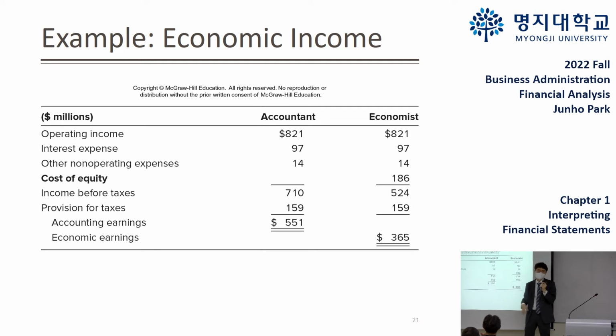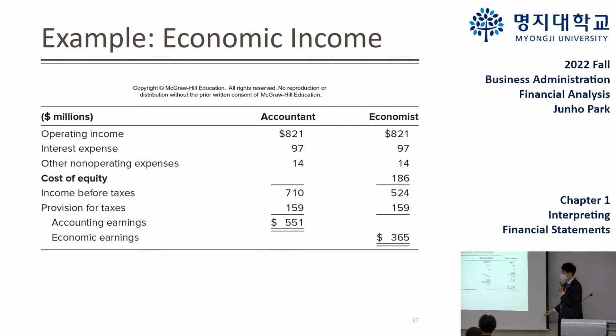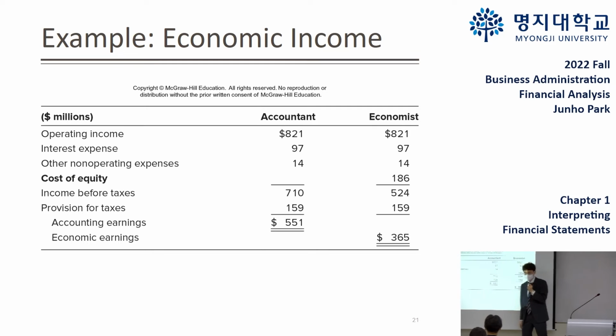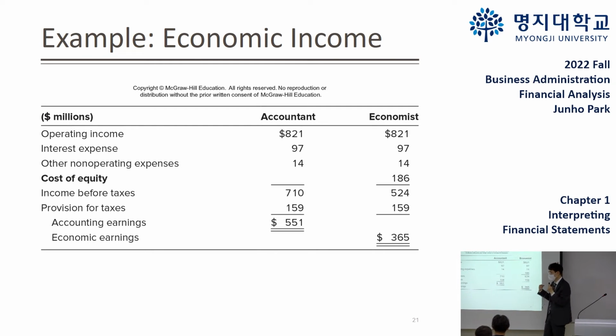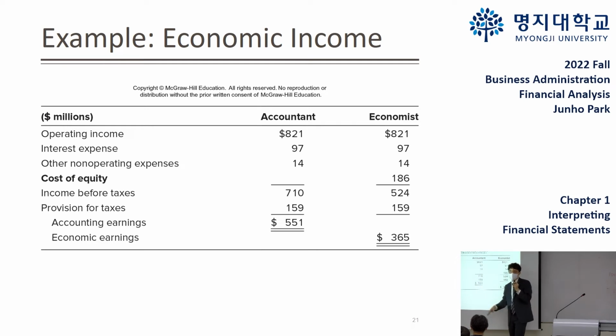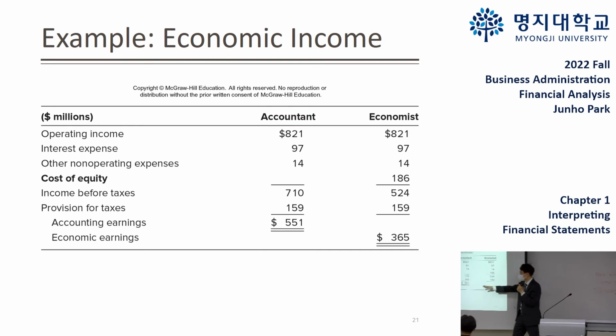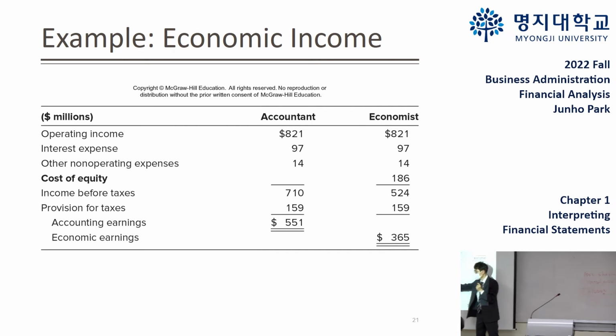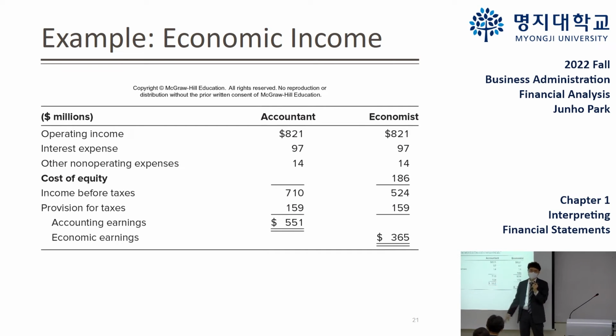We had operating income by selling some of our products, which is 821, and we had to pay for the debt we have, and also other expenses, and then the income before taxes was 710. Then we need to pay the government, so we are paying taxes, which amount to 159, and by deducting the taxes, we get the accounting earnings, which we often call net income. Net income will be 551.